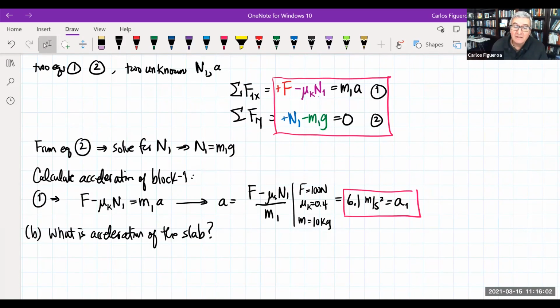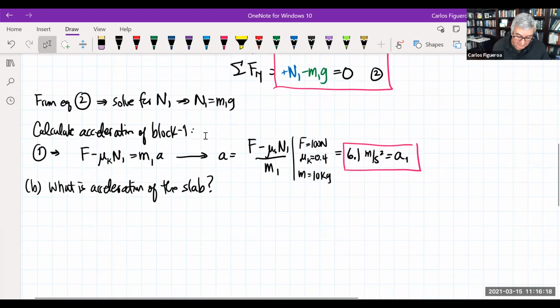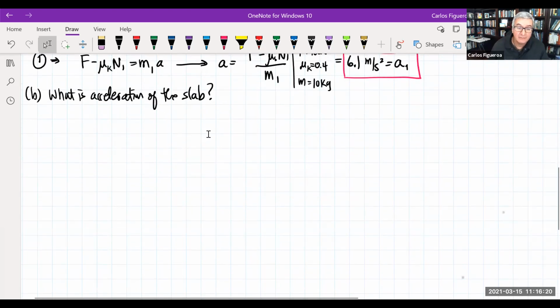Now, I know that this is language, but you've got to be careful with language. So let's draw our blocks here. Let's draw a picture. What is the acceleration of the block?